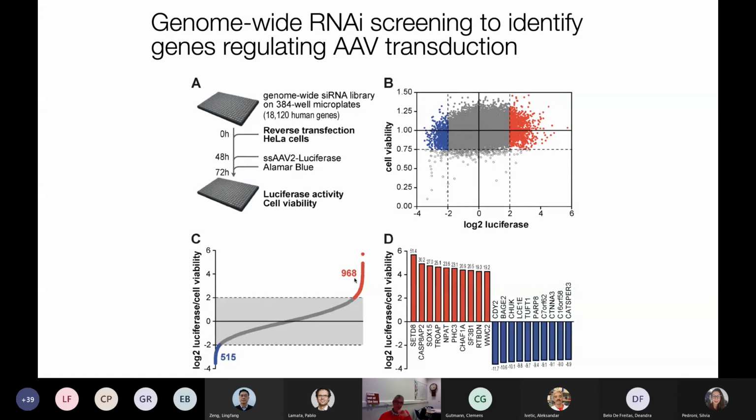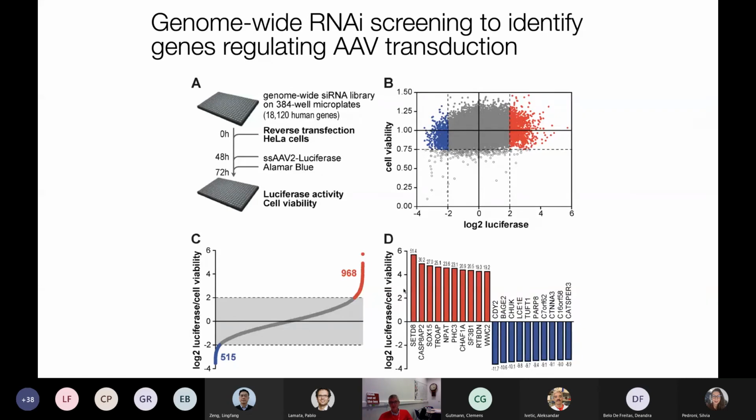And basically, if you plot this, you find that the vast majority of genes stay in a range that's not statistically significant, but there are, in this case, a really very large number of genes that were statistically significant. We were surprised at the number of genes, but then we understood that it is a matter of AAV biology.